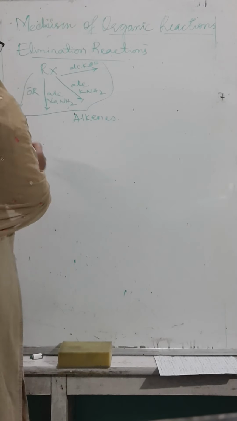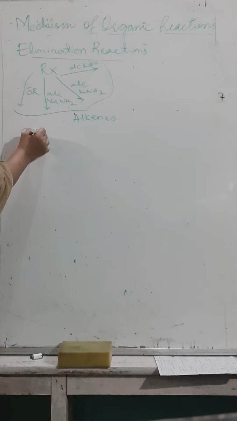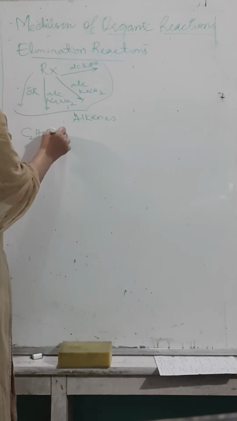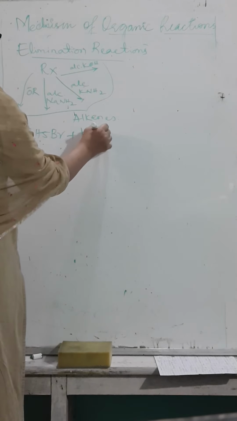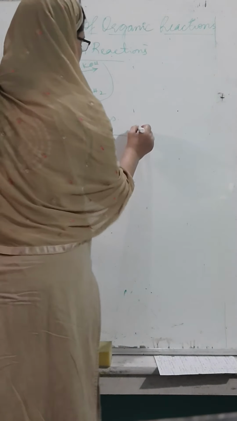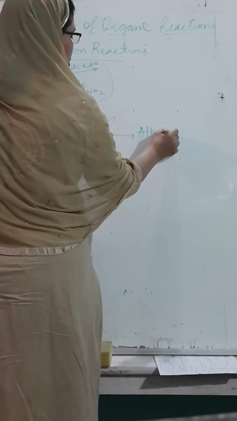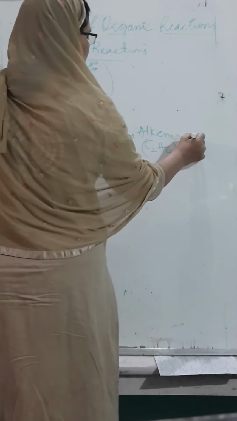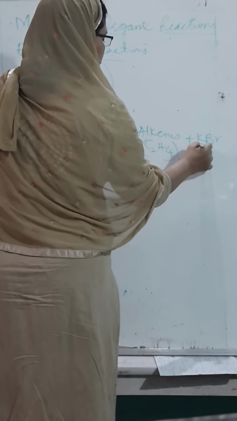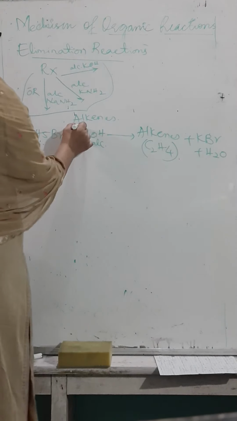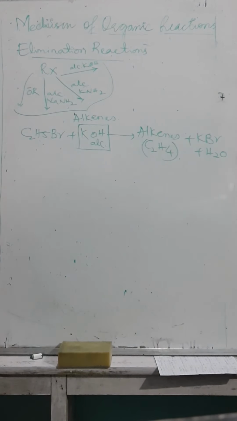We'll write examples one by one. Always practice with the simplest example. Ethyl bromide, C2H5Br, heated with alcoholic potash gives an alkene. Which alkene? C2H4, ethene, along with KBr and H2O.